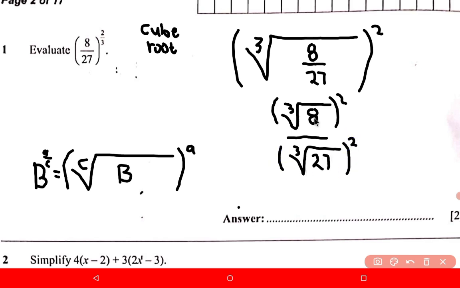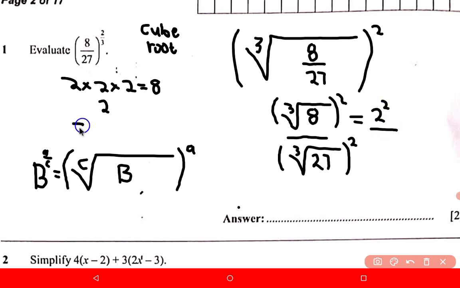So what's the cube root of 8? A number that multiplies itself 3 times to give you 8. It is actually 2. When you multiply 2 by itself 3 times, you get 8. So the cube root of 8 is 2. But remember, there is a square, so the square will follow, over, what's the cube root of 27?